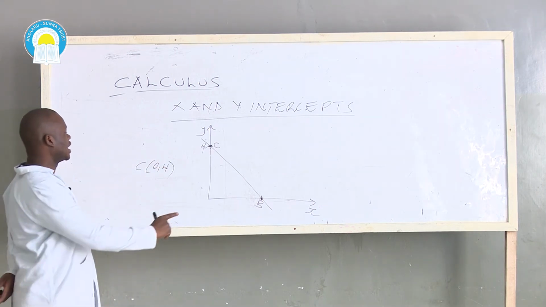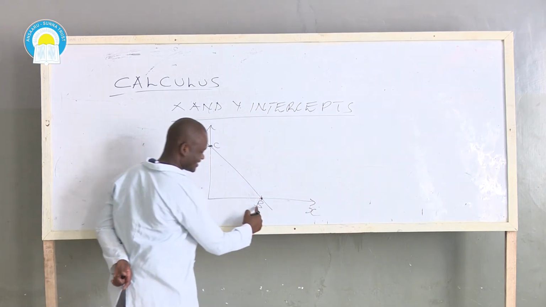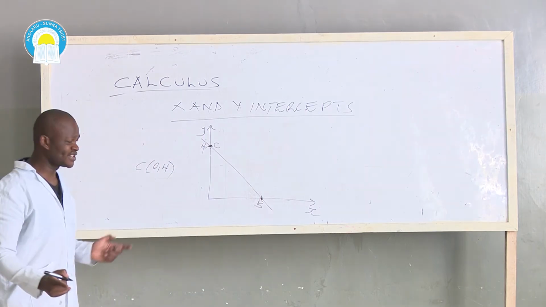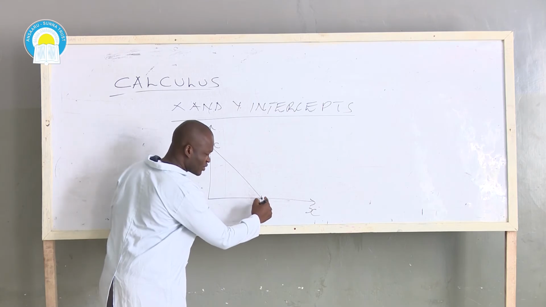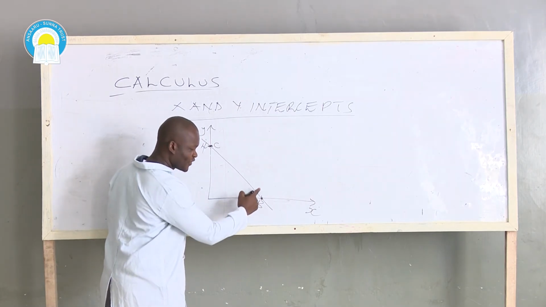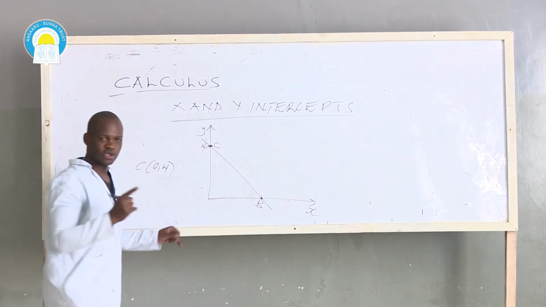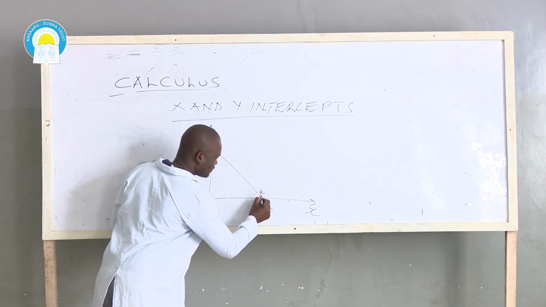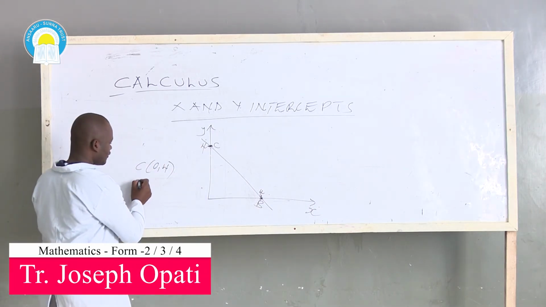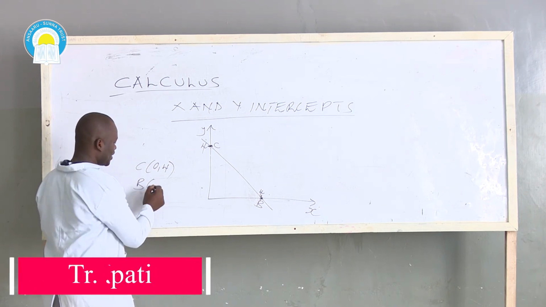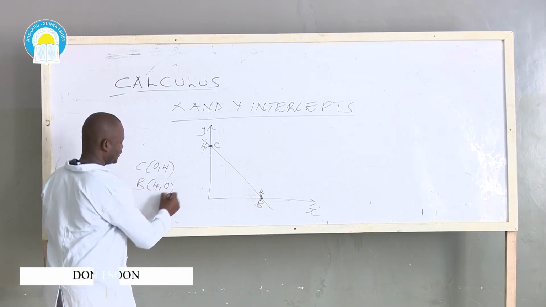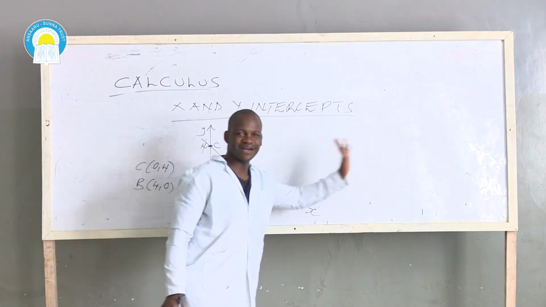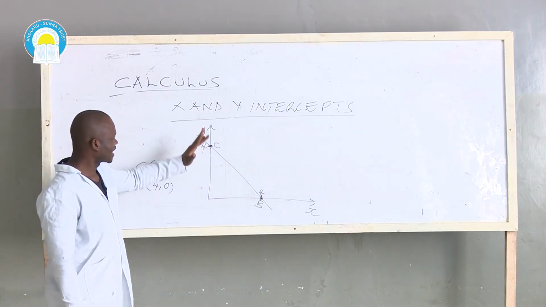On the other hand, where a given line cuts the x-axis, the corresponding y value of any point on the x-axis would always be 0. So if this was again point 4, the coordinate of point B will be given by (4, 0). So again, a quick summary. We have said the y-intercept is a point where a given line cuts the y-axis.